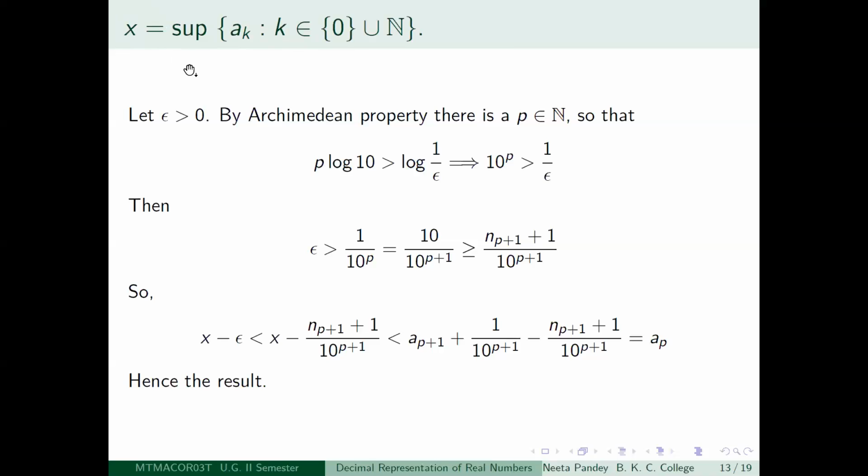What I am trying to say is that you started with an x and you got the a_k's or n_k's, and you said that x has that decimal expansion. But I want to somehow say that whatever proof I am giving is going to give a justification for the nomenclature real line. So what does that mean? Recall your previous lectures. You had plotted all the rational numbers on a straight line in a plane.